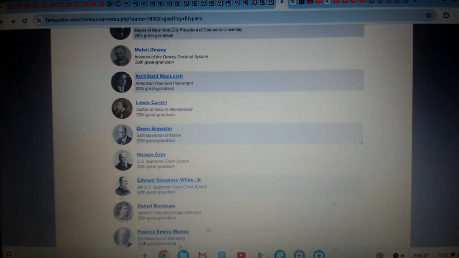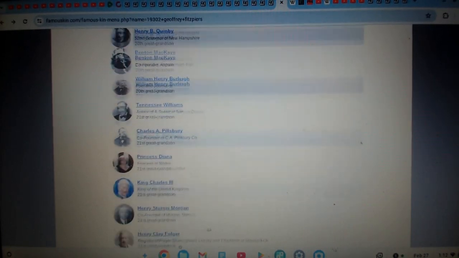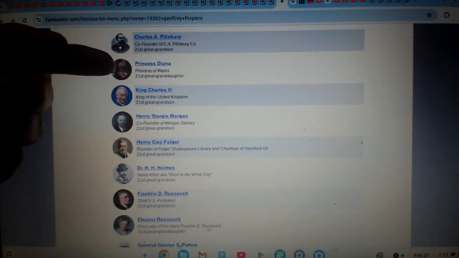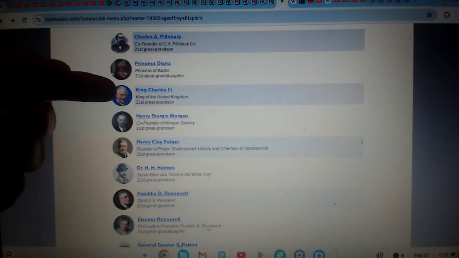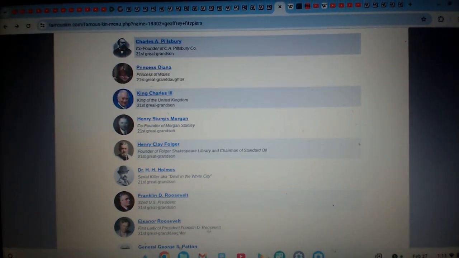I understand I can't prove that there's a monarchy. I get that. Here's Princess Diana. Here's her husband. Princess Diana and King Charles III were married, right? And they're both 21st great-grandchild to this Sir Geoffrey Fitzpierce.